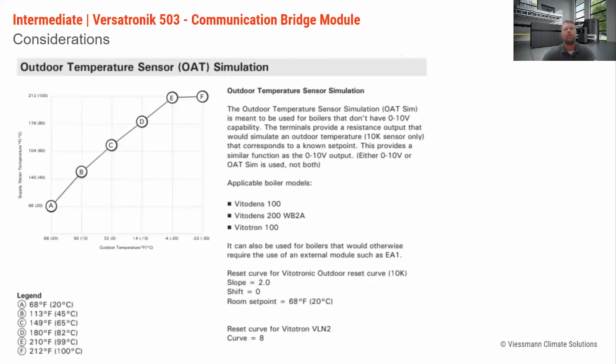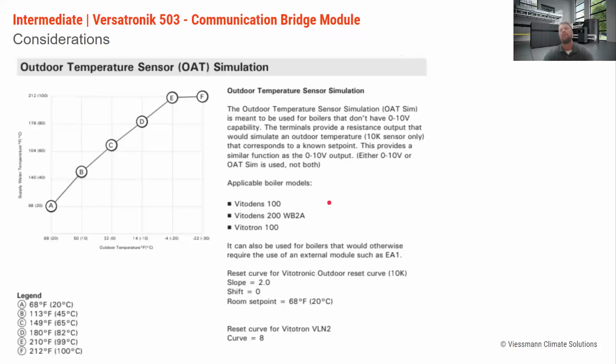And lastly, if we do go into some really old legacy boilers, the older Vitodens 100s, WB2As, applicable boiler models that would use this. This is an outdoor temperature sensor simulation. It's meant to be used for boilers that don't have a 0 to 10 volt capability. So the terminals provide a resistance output that would simulate an outdoor temperature sensor.